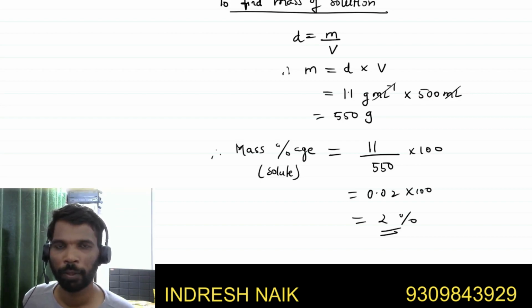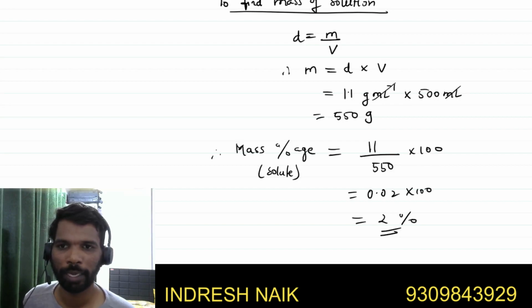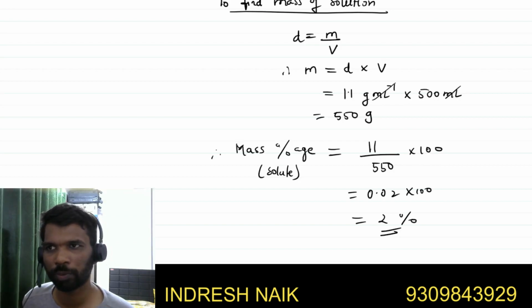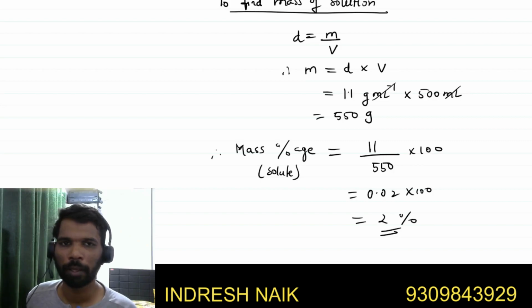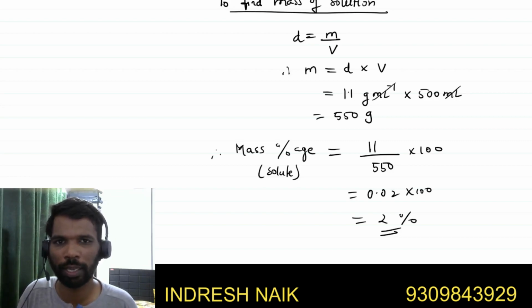Then you can study definitions of molarity, molality, mass percentage, volume percentage. Then you can also study significant figures. I haven't done any questions regarding significant figures because that is a common concept between physics and chemistry. Many of the students know that. So I have just taken the possible questions which could be asked for a chemistry exam. Okay, that's it.